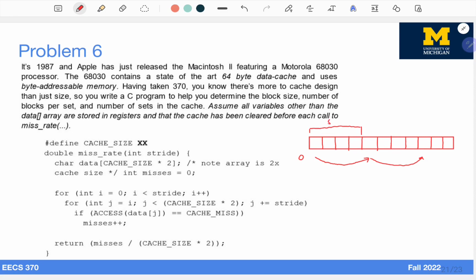So this is exactly the number of stride.